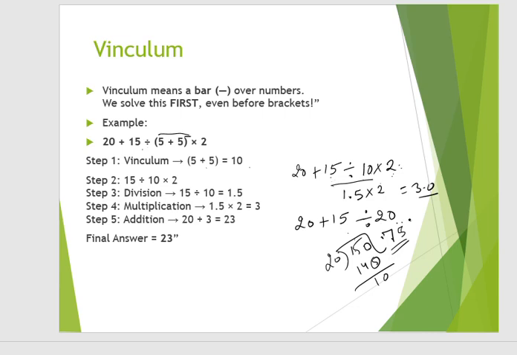So we divide first. If we write it this way, it means 15 by 10, into 2. This division does not mean multiplication by 10.